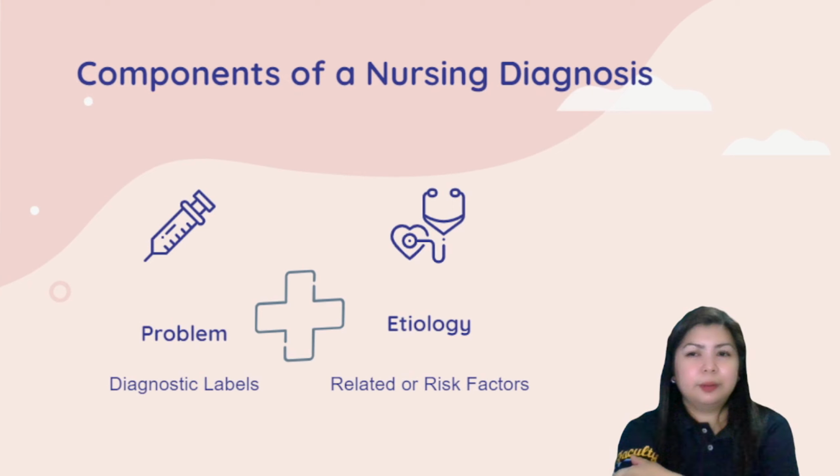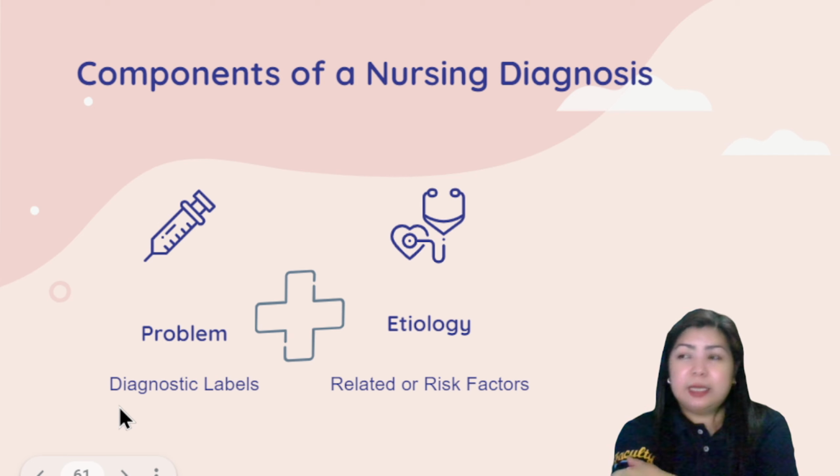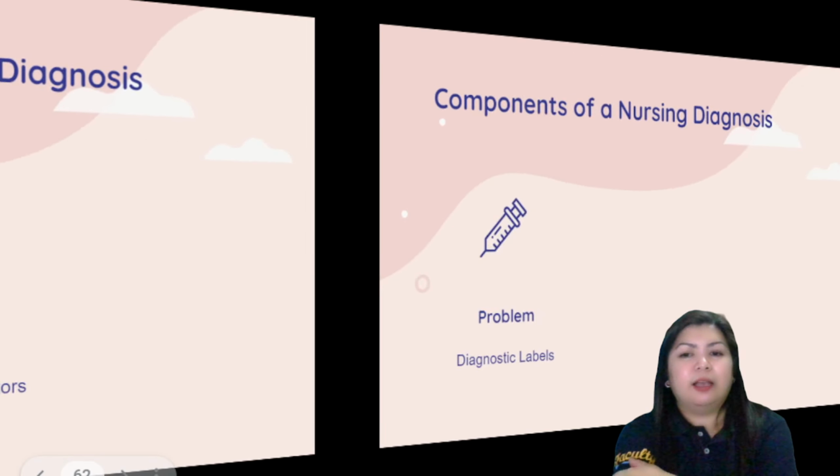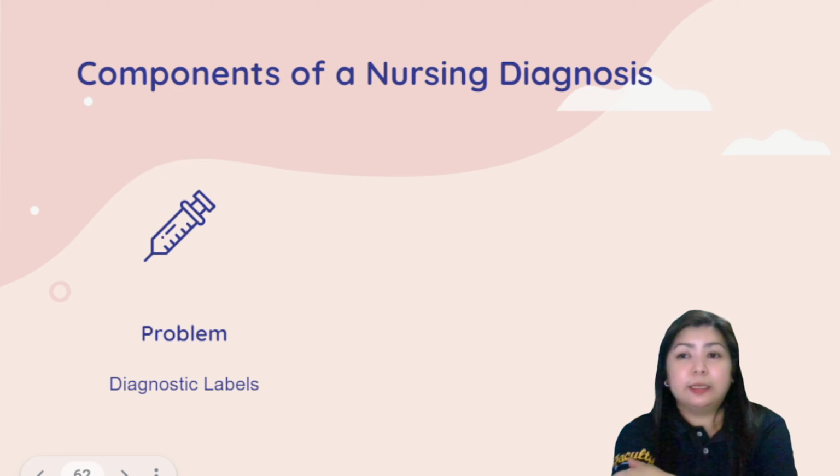Now, that is your basic 3-part statement. Next, you have your basic 2-part statement. We have the problem plus the etiology. Usually, your risk diagnosis is written using the basic 2-part statement. And next, you have your 1-part statement.